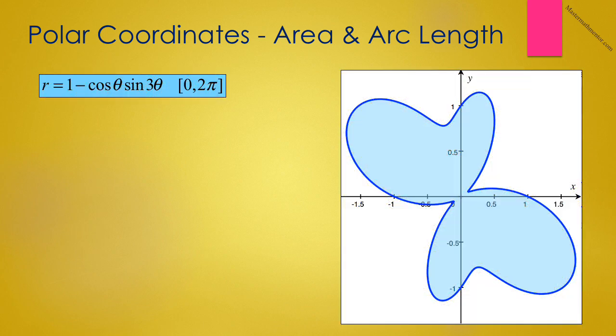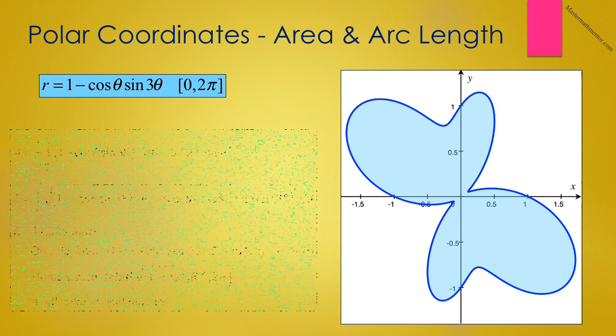So let's finish where we began. We have the Polar International Race, whose track is based upon the polar equation r equals 1 minus cosine theta sine 3 theta on the interval 0 to 2 pi. We would like to calculate the area that the track encloses as well as its length.